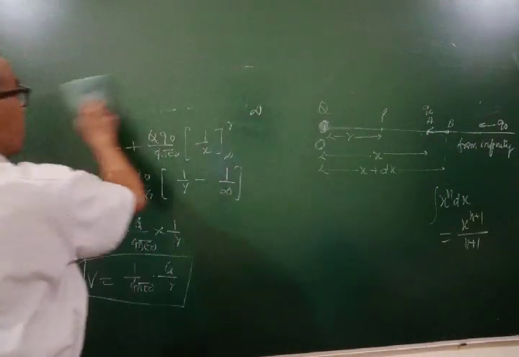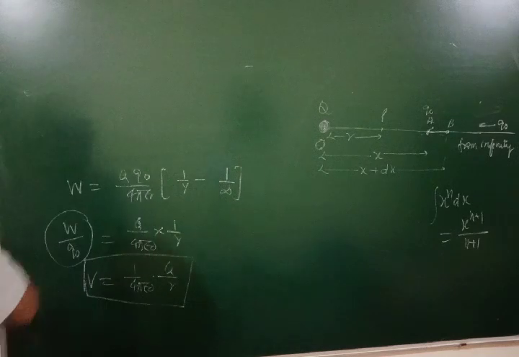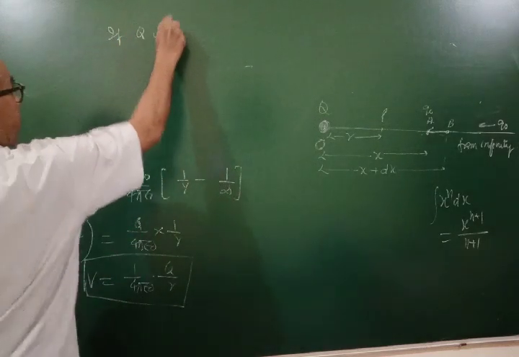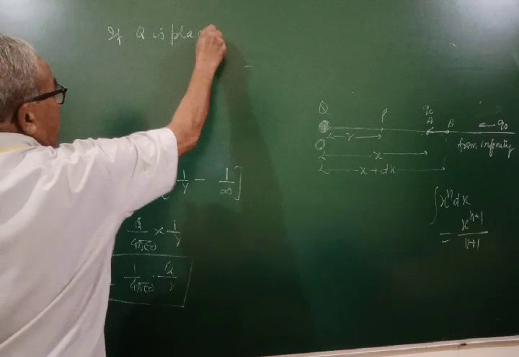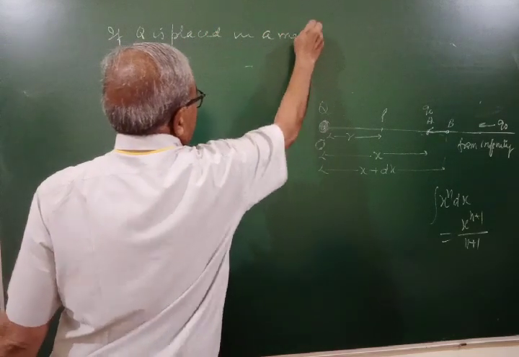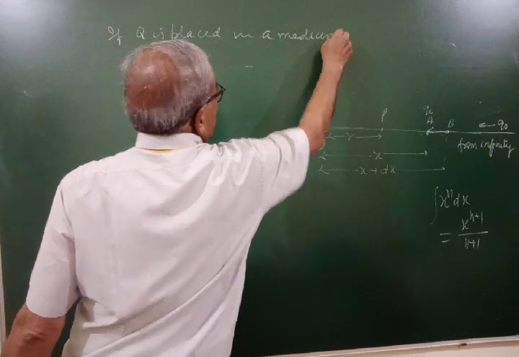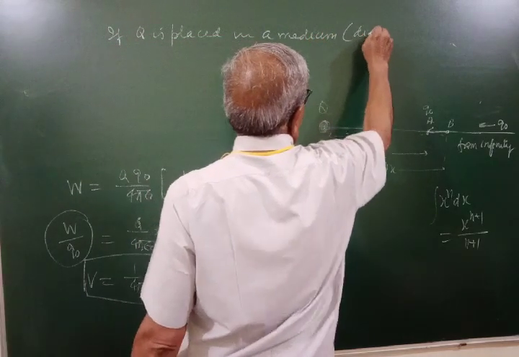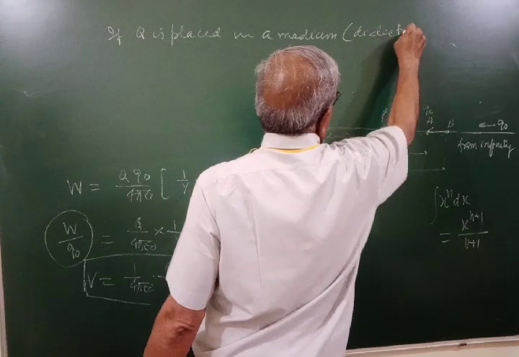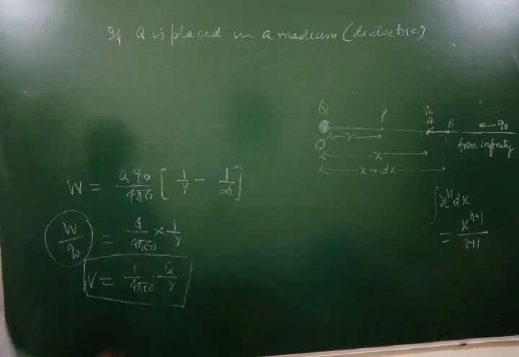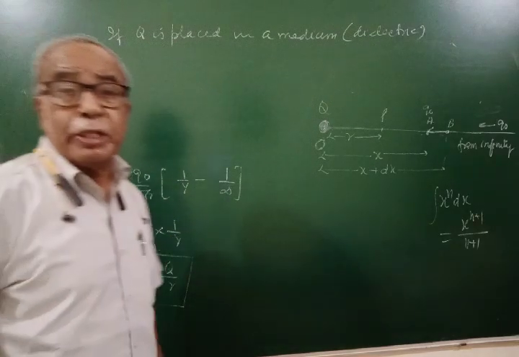If this point charge Q is placed in a medium, which medium? Insulating medium, a dielectric, not conducting. I will explain just after the chapter what is the meaning of dielectrics and dielectric constant.